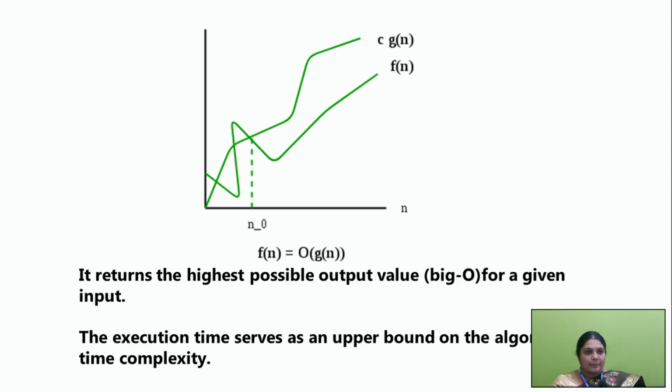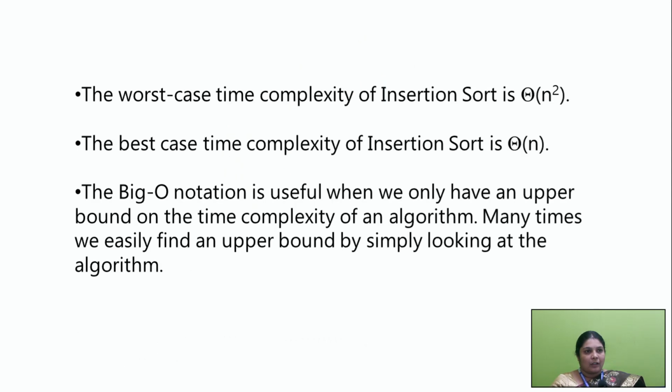The execution time serves as an upper bound on the algorithm's time complexity. The worst case complexity of insertion sort is big O of n square. The best time complexity of insertion sort is omega of n.